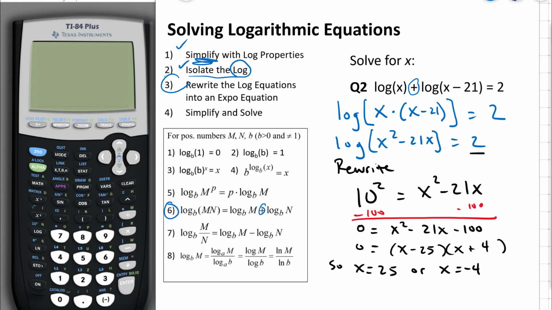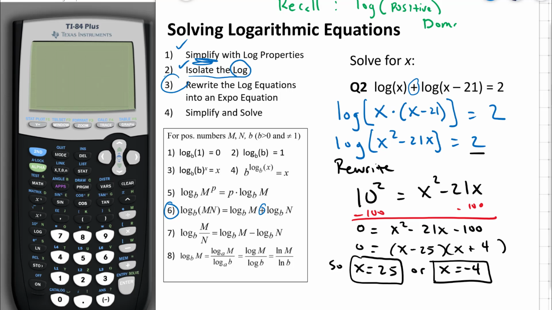When we are using logs, it's important to remember logs have domains. Recall, a log only works on a positive value. The domain is 0 to infinity, so I need the inside to be greater than 0.